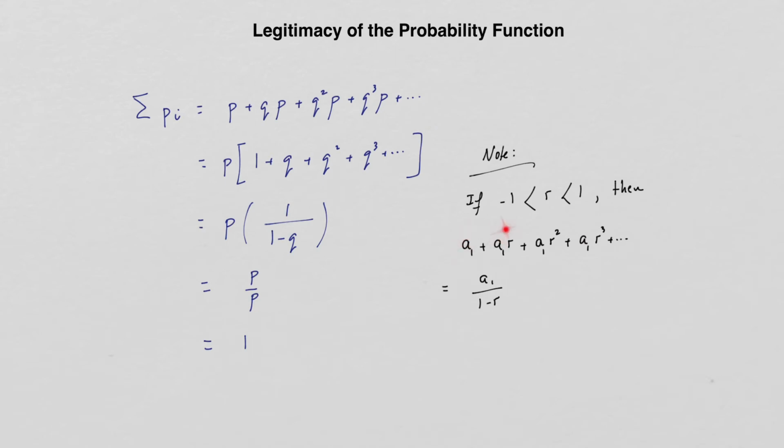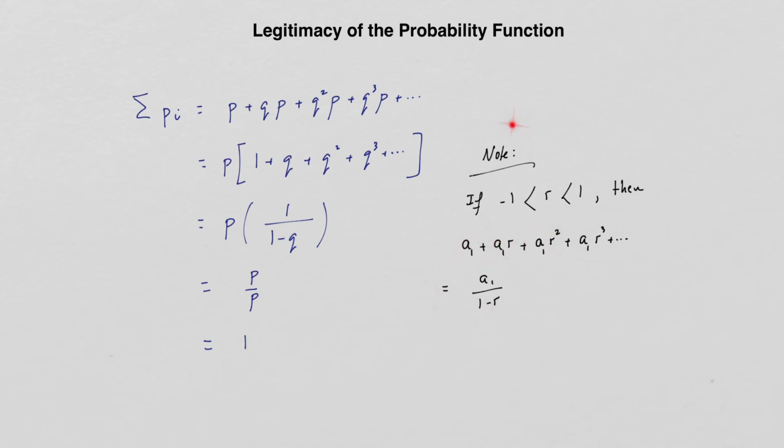In our case, it's R. If this series is geometric, which means you're always multiplying by the same value, like 2 plus 4 plus 8 plus 16 plus 32, you're always multiplying by 2. It's called a geometric series. If it is infinite, and if that common ratio, R, is stuck between -1 and 1, then you are guaranteed that the sum is the very first term over 1 minus the common ratio called R.